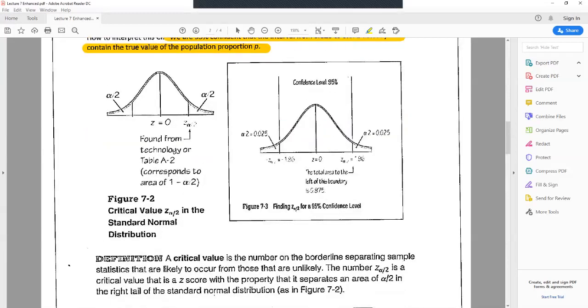This section here with the diagrams basically just reiterates what I said previously, that if you are using z-scores, remember that if you are at the average, the z-score is 0. And we always split the tails in half. That's why we have alpha divided by 2.